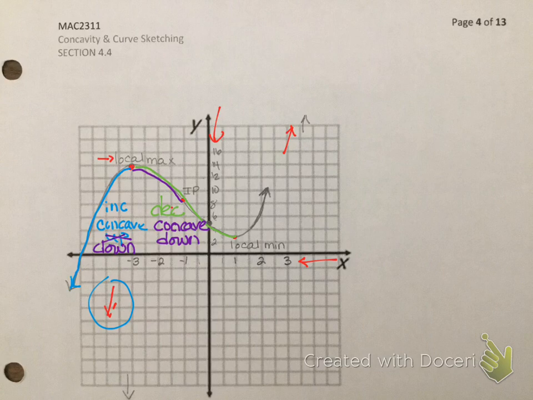All right, let's find another color here. So let's go to yellow. Please notice that from -1 on to positive infinity, I am now concave up. So the entire rest of the way, I am going to be concave up.